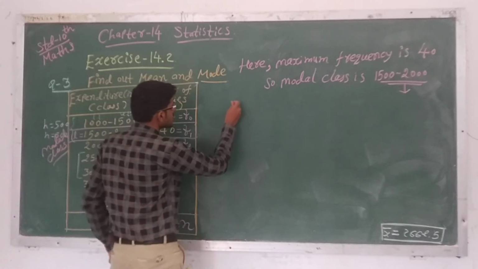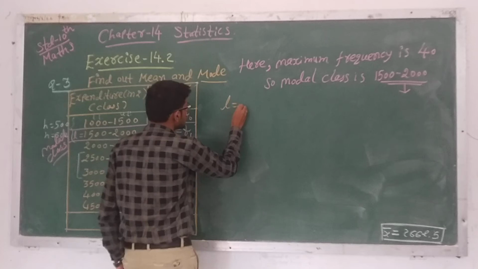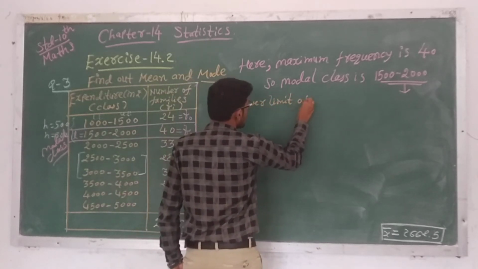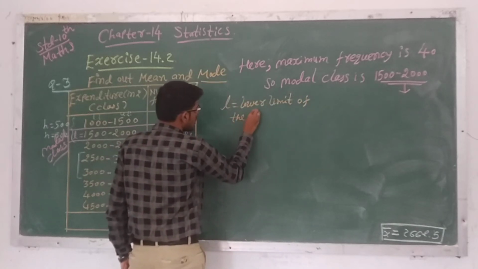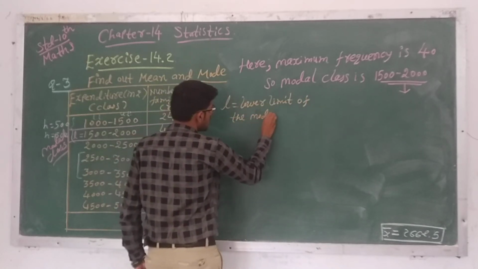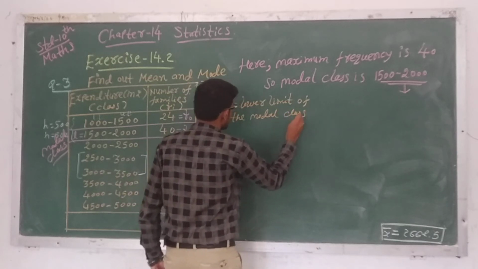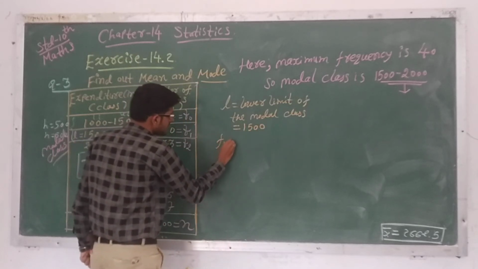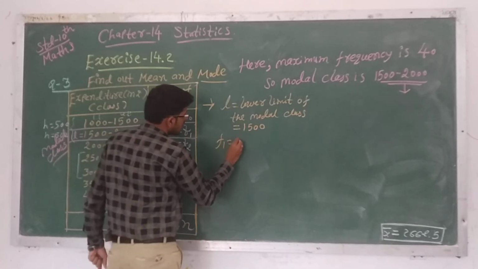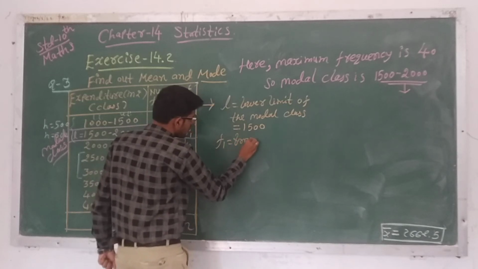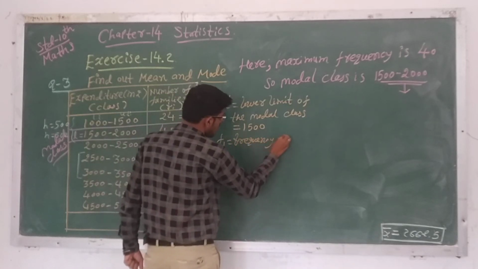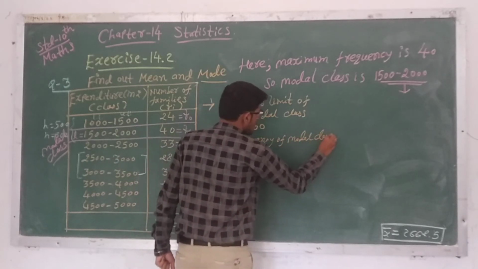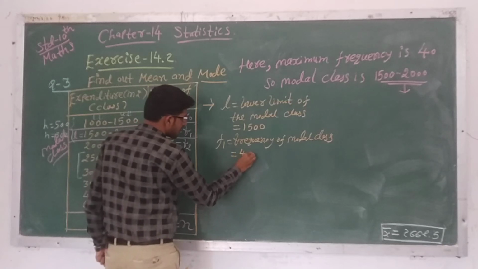So write down L is equal to lower limit of the modal class is equal to 1500. F1 is equal to frequency of modal class is equal to 40.